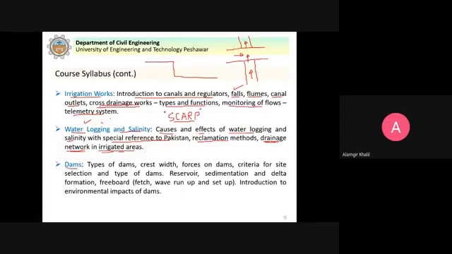And then we will study the dams. What are the different types of dams? The different forces acting on the dams. What is the criteria for site selection? So in this case, we will study the different types of dams and the forces acting on them, and stability analysis.